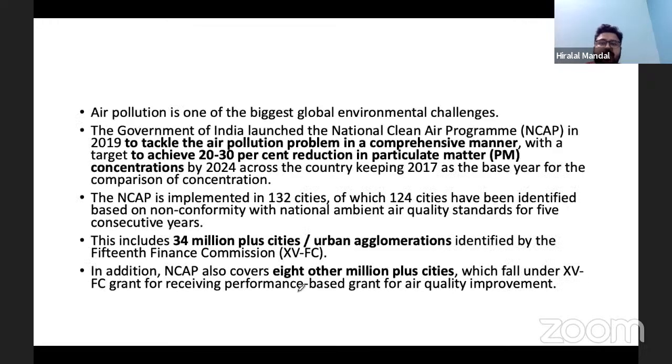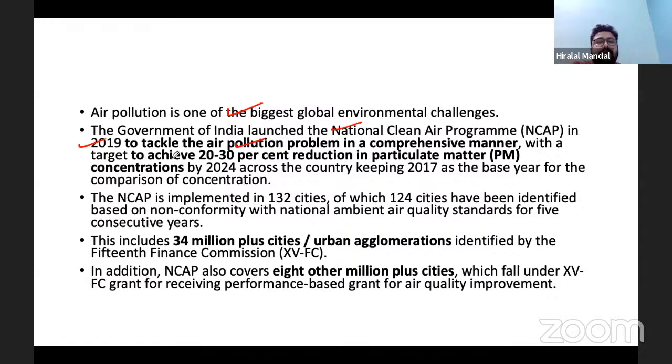Now let us move on to understand the air. When it comes to air pollution, the government of India has taken several steps. It started in 2019 the National Clean Air Program. The objective was to improve air quality, and for that comprehensive efforts should be made. Tackling the air pollution problem in a comprehensive manner was visualized under the National Clean Air Program.